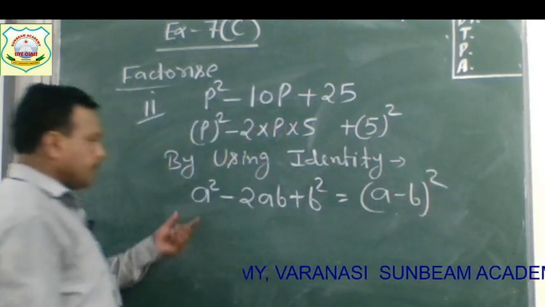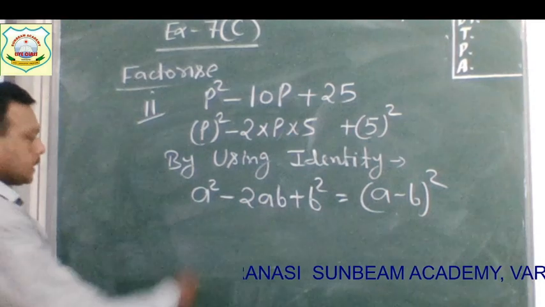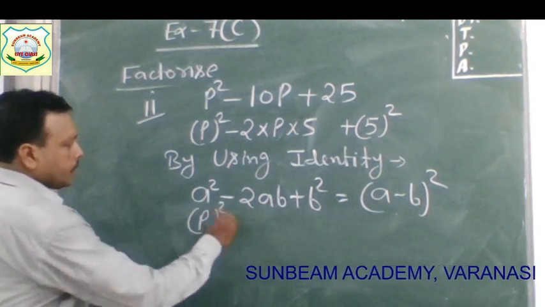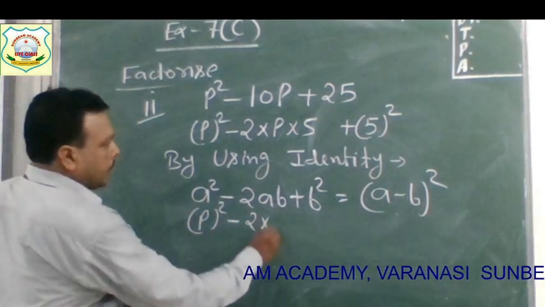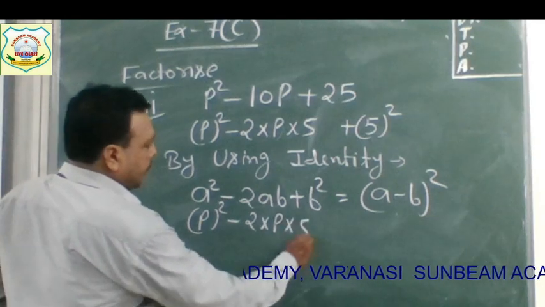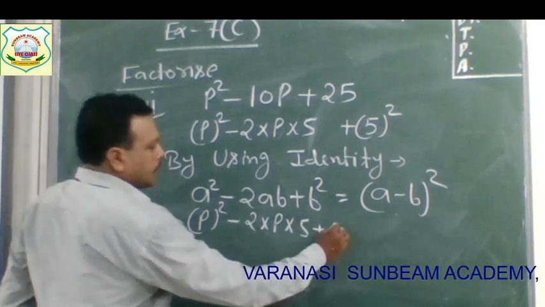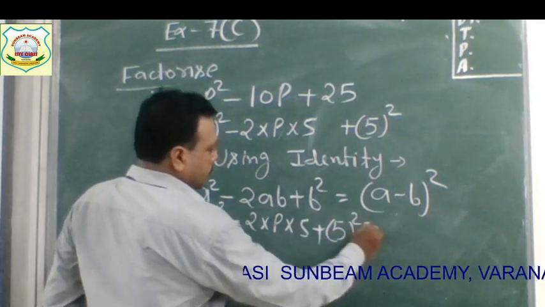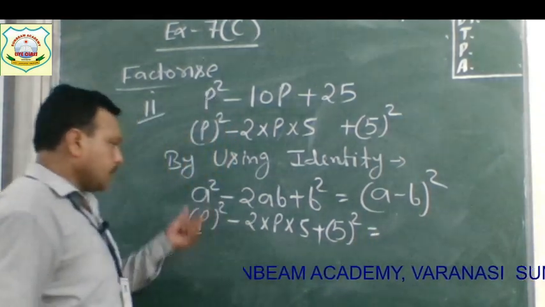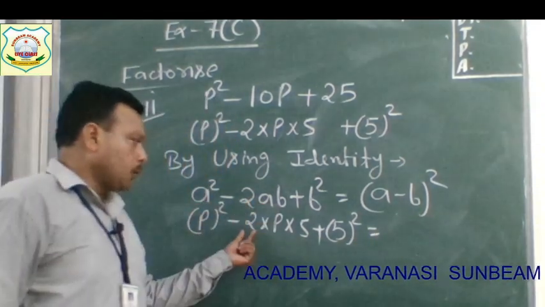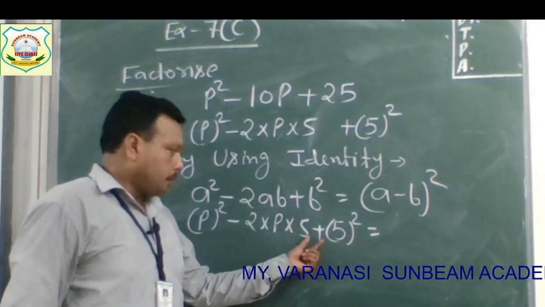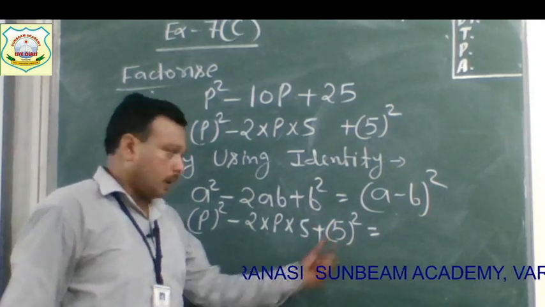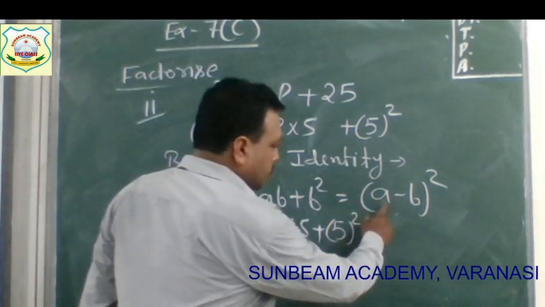So, what will we get here? A square, that is p square, minus 2 multiply p multiply 5, plus b square, that is 5 whole square, equals p square, that is a square, 2ab is 2 into p into 5, plus b square is 5 whole square. What should we write here?